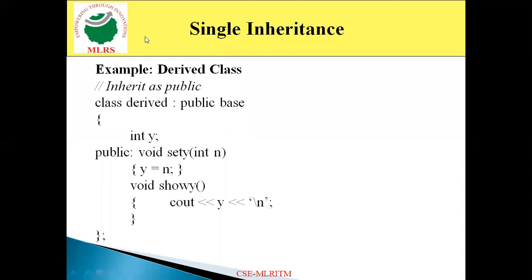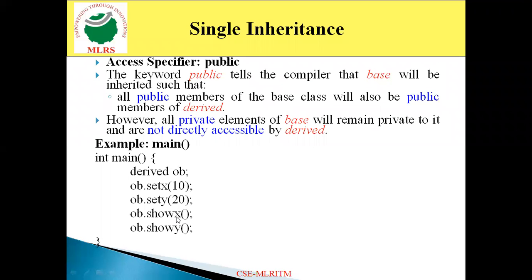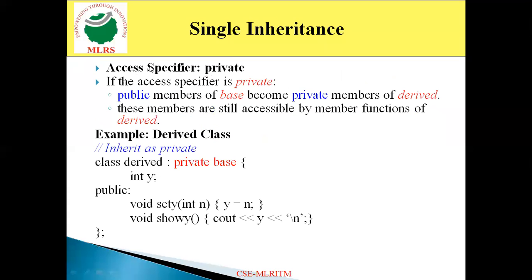Then come to the next statement, ob.showx, which is going to print the x value on the output screen, that is 10. Similarly, ob.showy is going to print the y value on the output screen, that is 20. So this is the way we derive a new class from the base class.